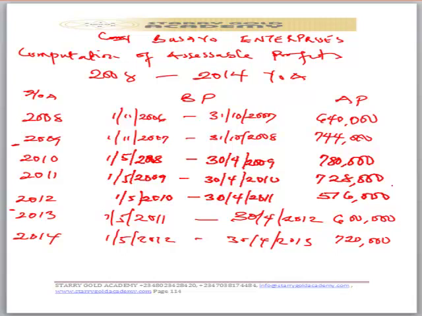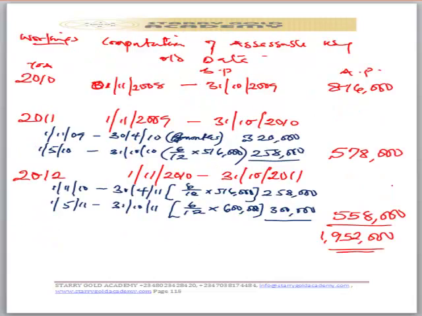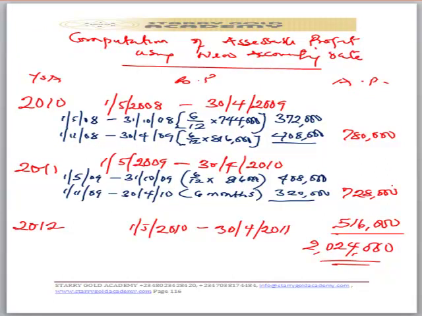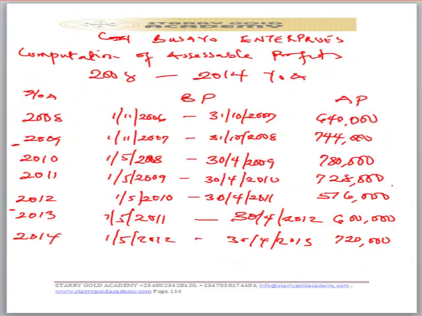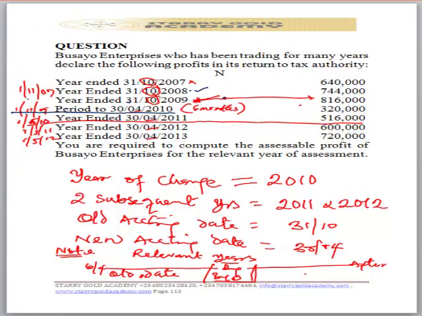The basis here is that you should be able to compute the accessible profit for the 3 relevant years, after which you would now have to do your comment.